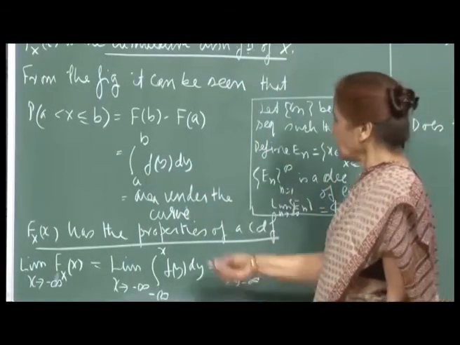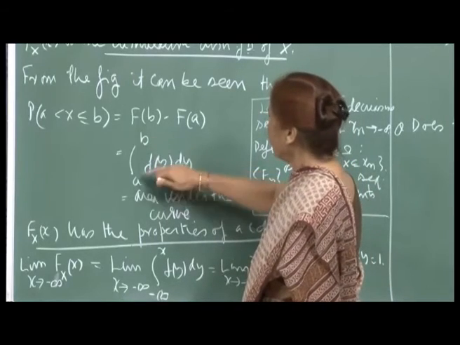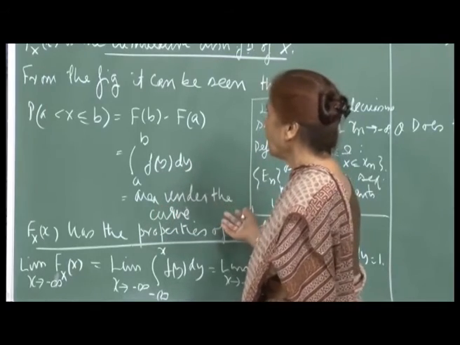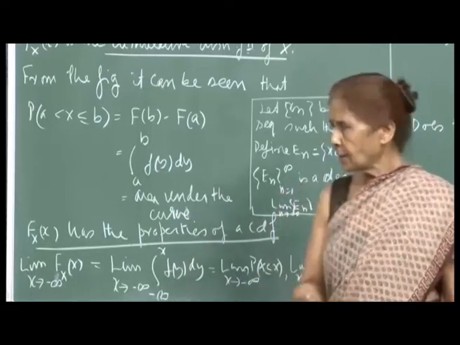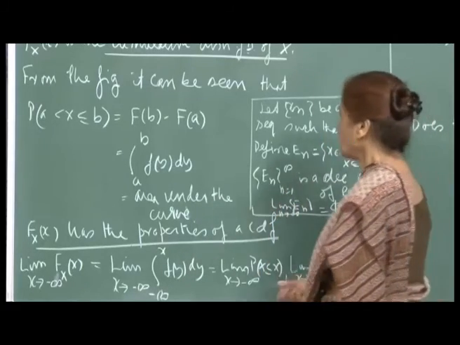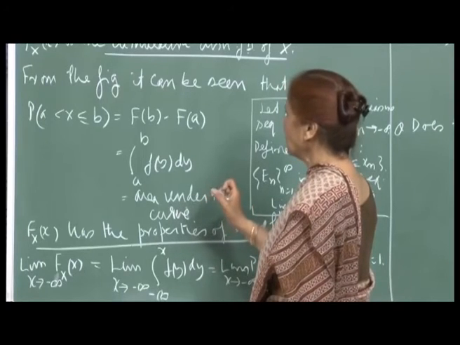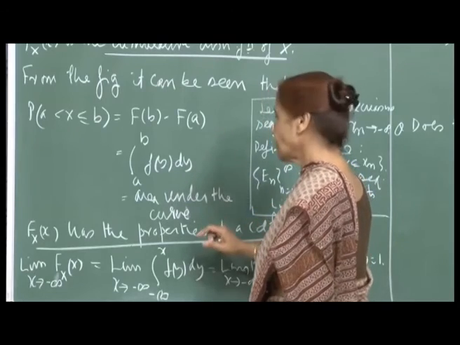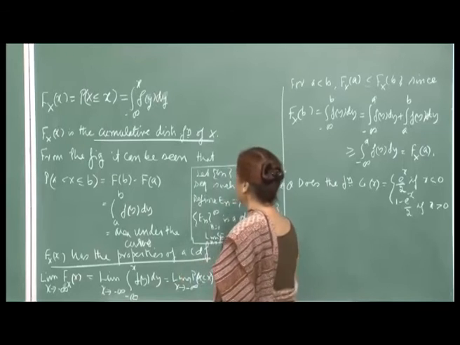So, it is understood, and that is why I am writing the integral from a to b here, f(y) dy. So, for a continuous random variable, at a point there is no concept of probability or the mass, whatever you want, or the density, because it is a density. So, we measure it on an interval, fine. And secondly, for a continuous random variable, we will call it the cumulative distribution function, that is the proper notation.